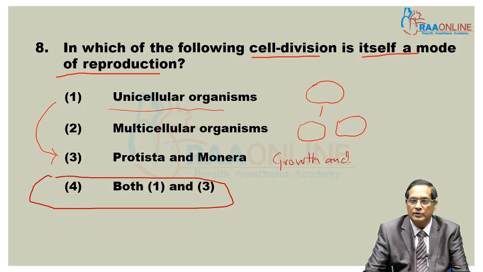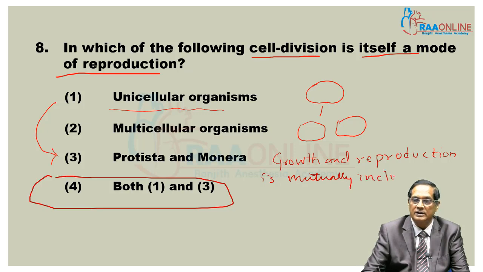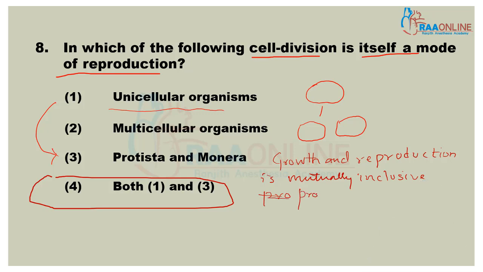Growth and reproduction is a mutually inclusive property of unicellular organisms.